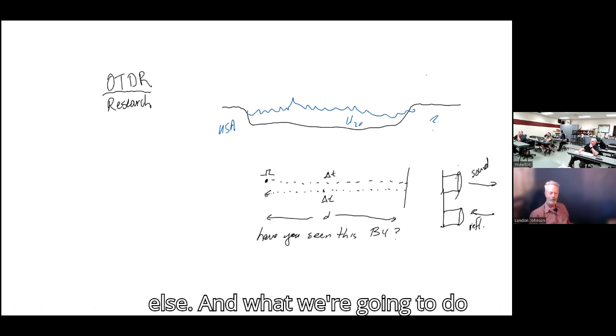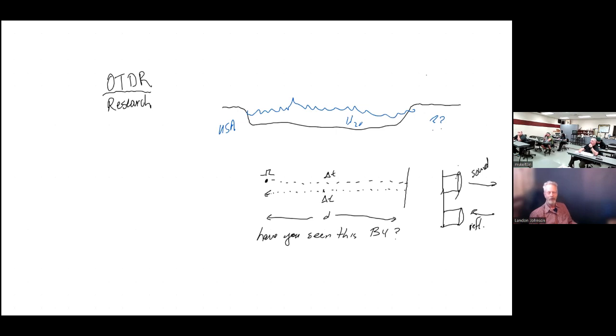And what we're going to do is take and drag a cable down on the ocean floor all the way across from point A to point B. And that is going to be a fiber cable. Okay, good so far?